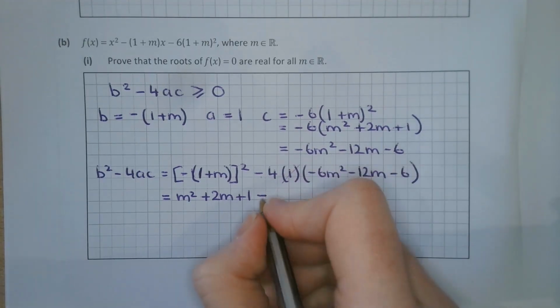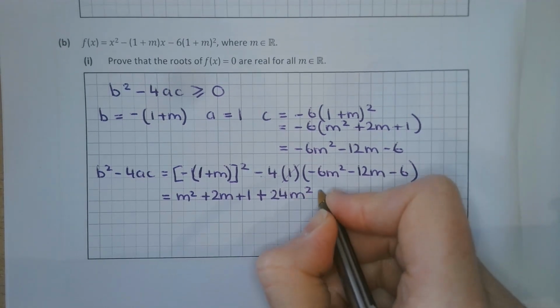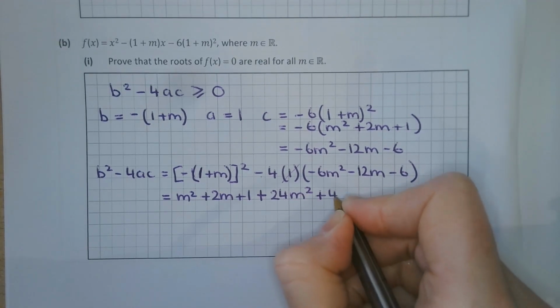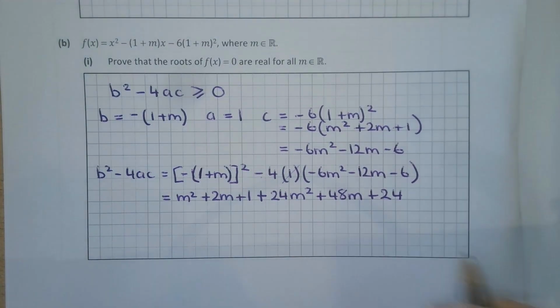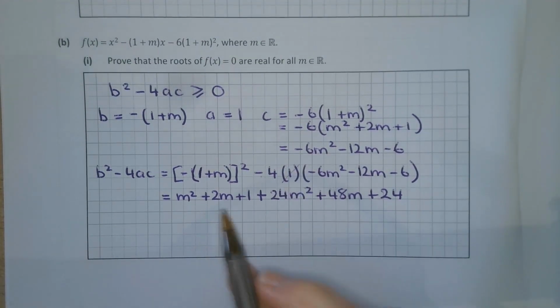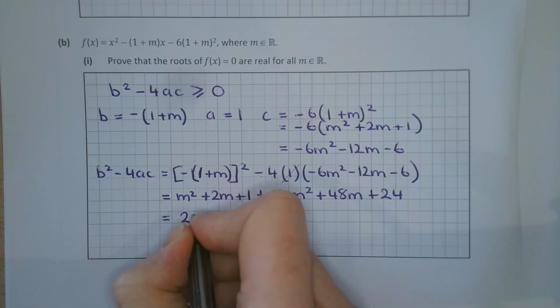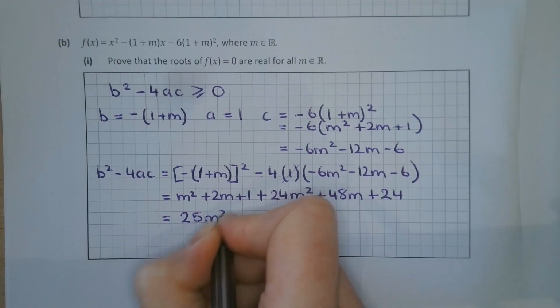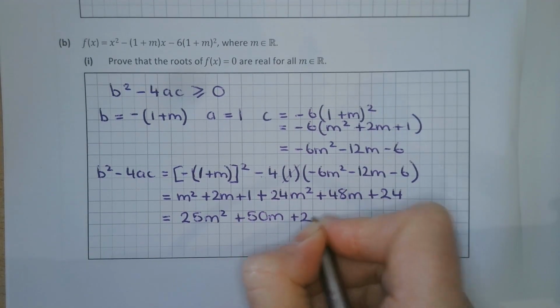But minus by minus will only give me a plus 24m squared. We'll end up with a plus 48m and also a plus 24 on the end. So really important that we don't forget about those minuses in our multiplication. And when we tidy that up, we'll end up with 25m squared plus 50m plus 25.